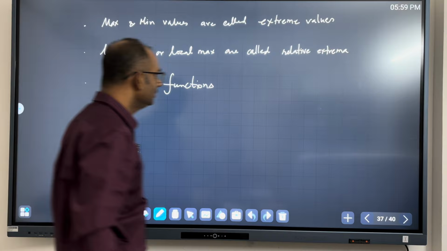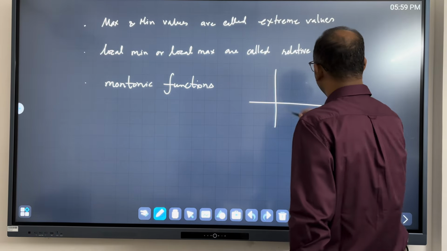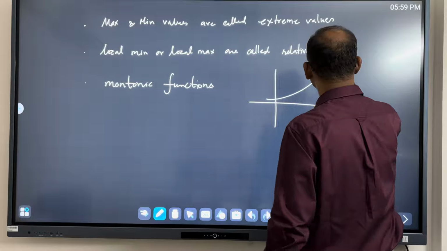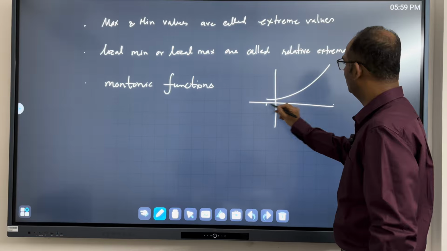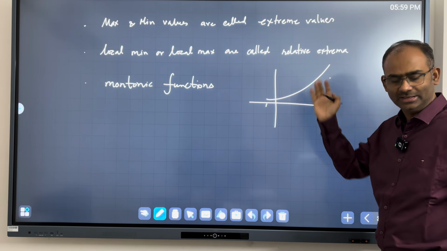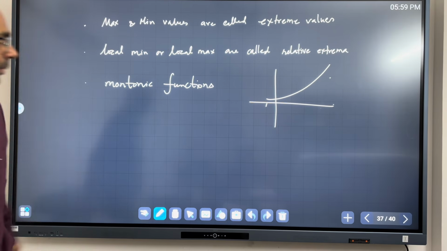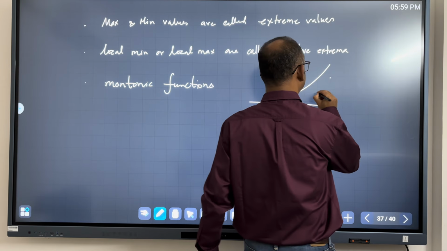So let's look at this. In this region, from here to there, you see this function is continuously increasing. So it is a monotonic function. We say it is monotonically increasing.